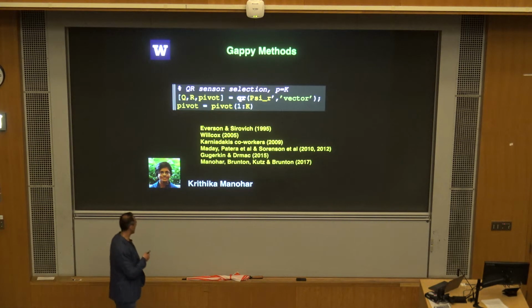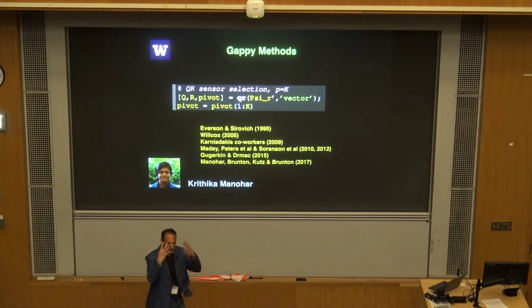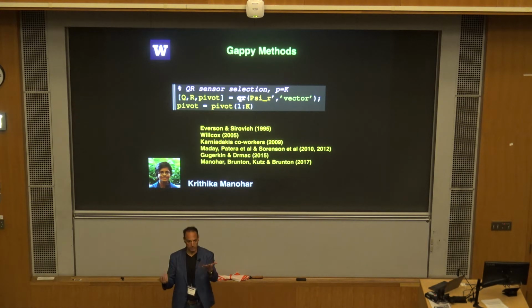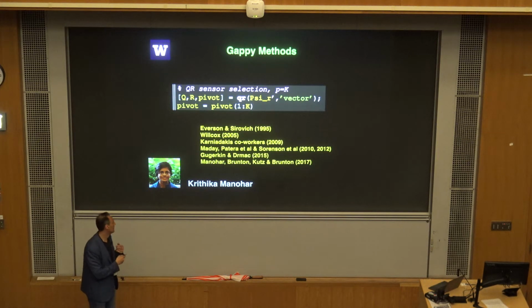There's a nice history of this, by the way. It goes all the way back to Sirovich and Kirby. They're the ones that first started thinking about face recognition. They had this whole paper on what we call eigenfaces, and that really started the computer vision community going. That was just a PCA analysis of faces. Then they wrote another paper in which they asked, can I measure sparsely along the face and reconstruct the face? And you can. That was in '95. Then it came into physics 10 years later with Karen Willcox and others, including us.